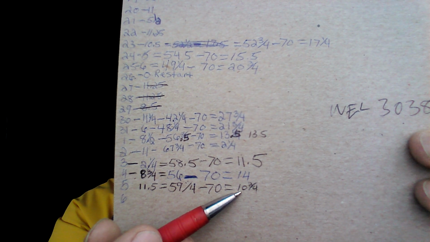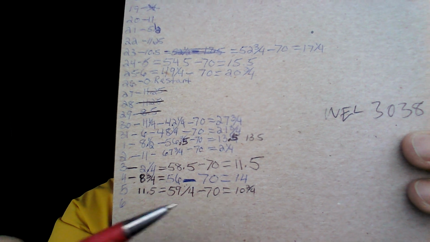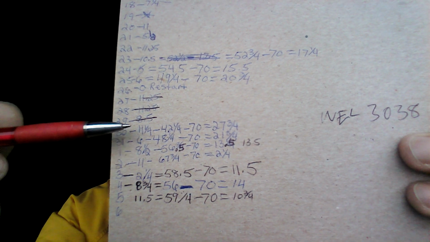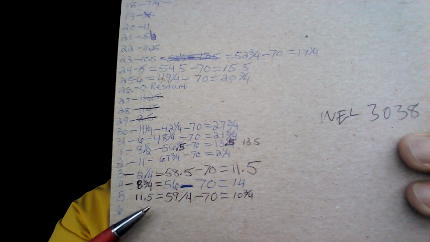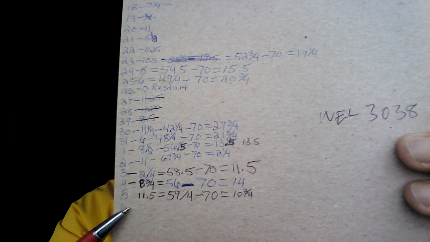And that just repeats the whole process. But on the 30th, I gain 11 1/4.